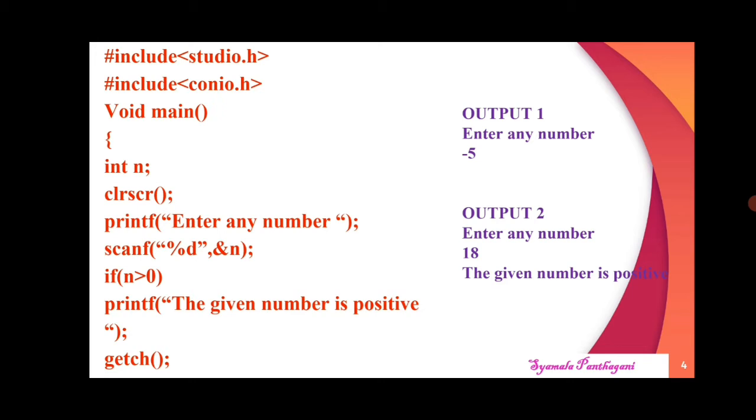Enter any number. I have entered -5. The compiler checks whether -5 is greater than 0. No. That's why it doesn't print anything. Now come to the second output. Enter any number. I have entered 18.